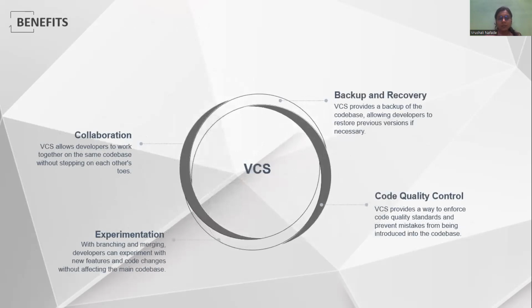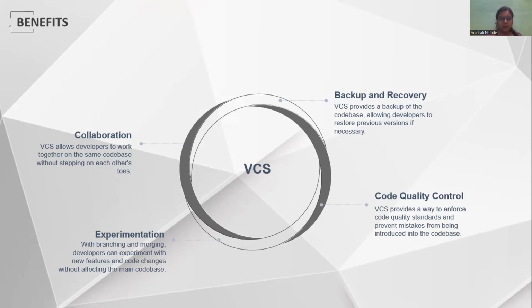Some of the benefits of using VCS are: first is collaboration. It helps developers work together on the same code base without stepping on each other's toes. Second benefit is backup and recovery. It provides a backup for the code base, allowing developers to restore the previous version.